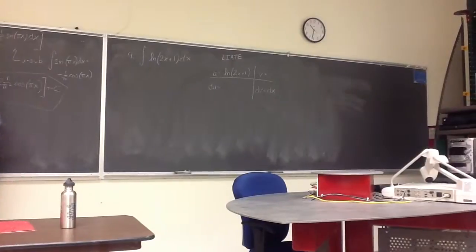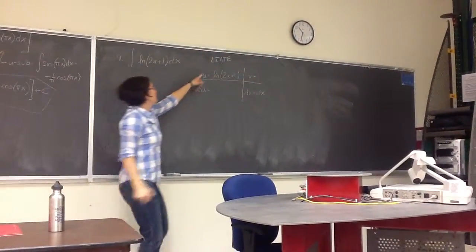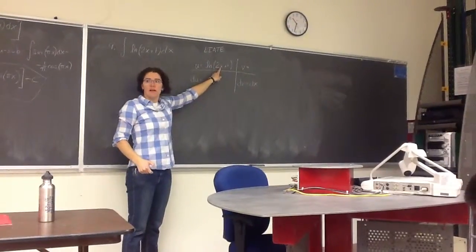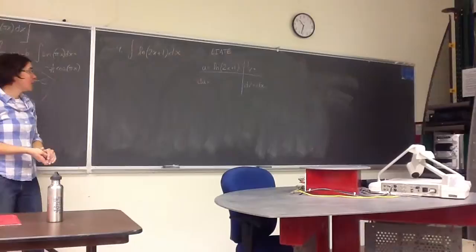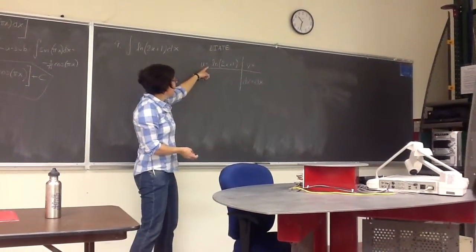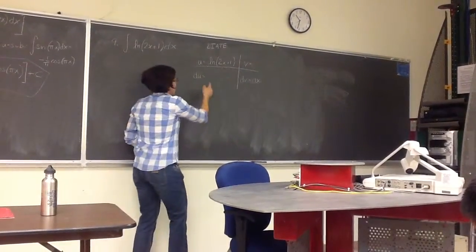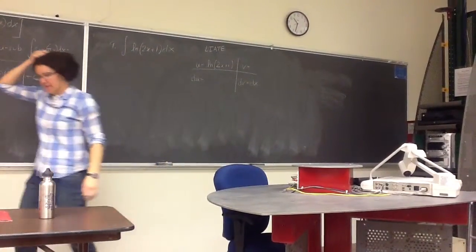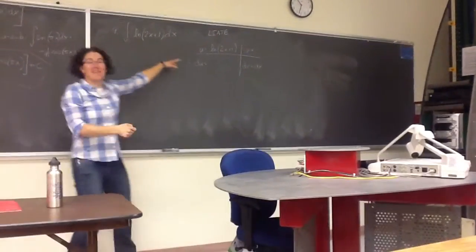Okay, now based on our rules of thumb for integration by parts, we've set this up correctly. We've used our log as our u, and whatever's left over as our dv. Okay, I've got a u, and I want to find its derivative.